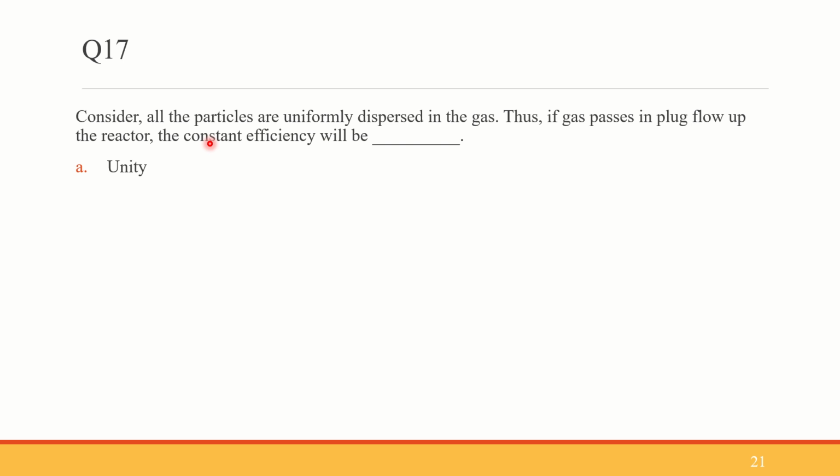Option A unity, option B 0, option C infinite, option D none of the above. So the answer is actually option A, unity, because here all the particles are uniformly dispersed in the gas. So if gas passes in plug flow up the reactor, the contact efficiency will be unity. Option A is the right answer.